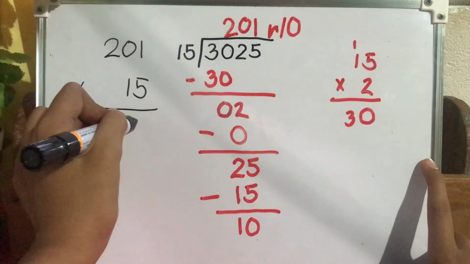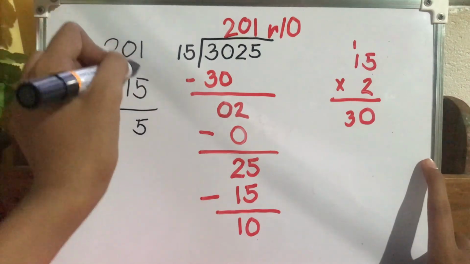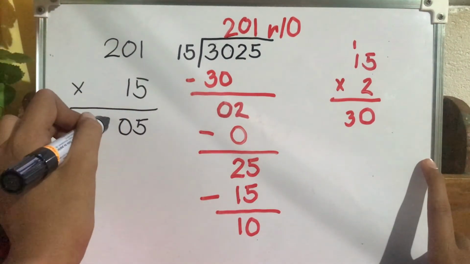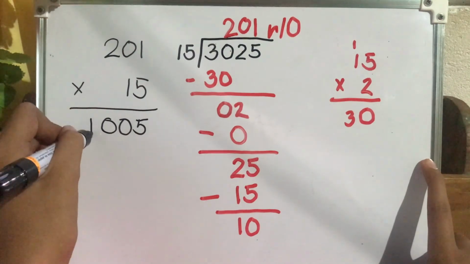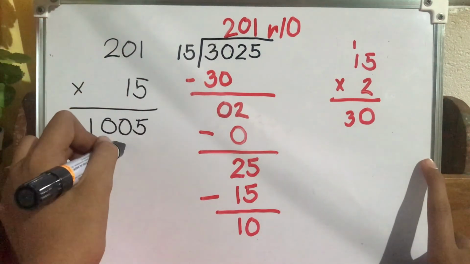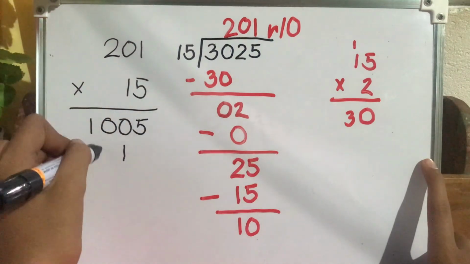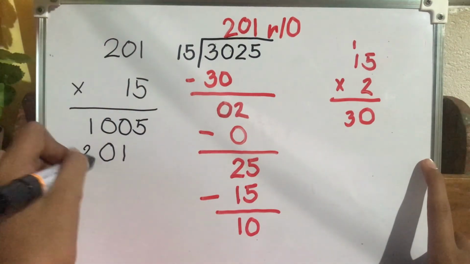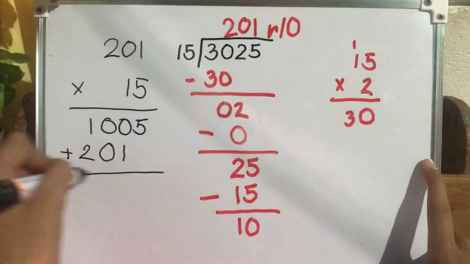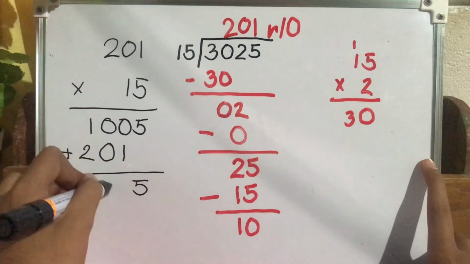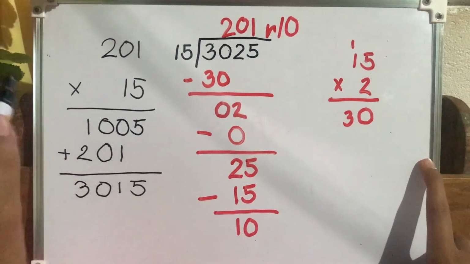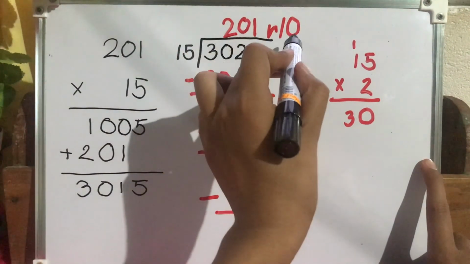1 times 5 equals 5. 0 times 5 equals 0. 2 times 5 equals 10. And then 1 times 1 equals 1. 0 times 1 equals 0. 2 times 1 equals 2. And then add. So we have here 5, 1, 0, 3. Now we are not yet done because there is still a remainder.